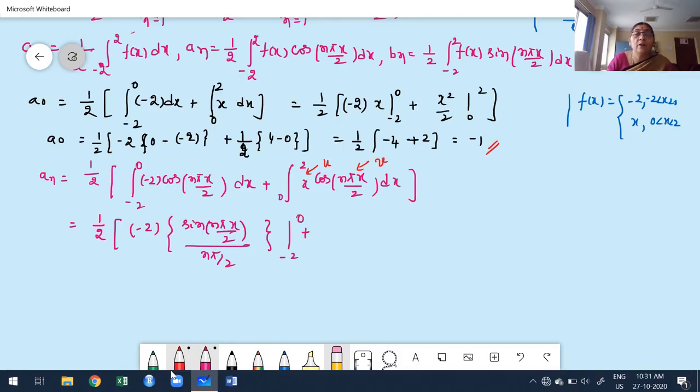Coming to this step, I go for the UV rule: x into integration of the v function, or integration of cos is sine of n pi x by 2 divided by the coefficient of x, n pi by 2. Minus, differentiation of x is 1.